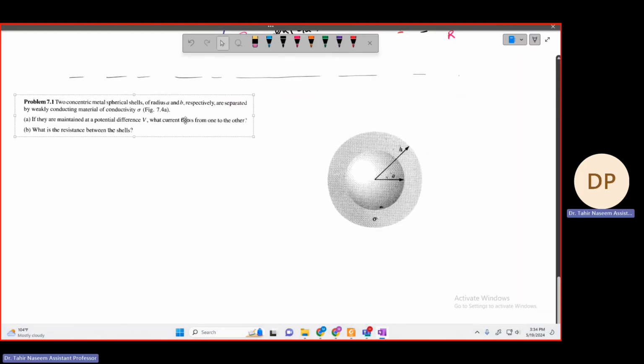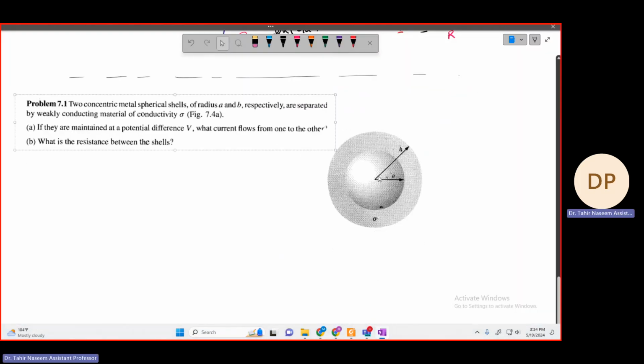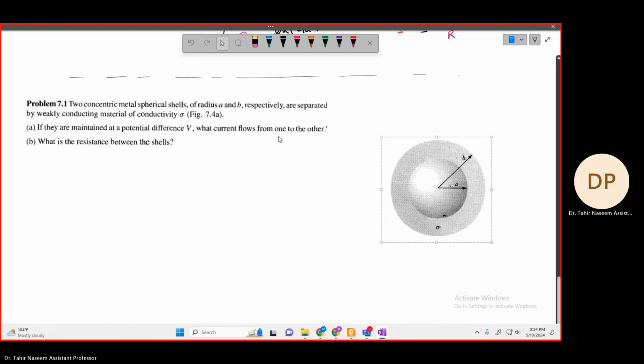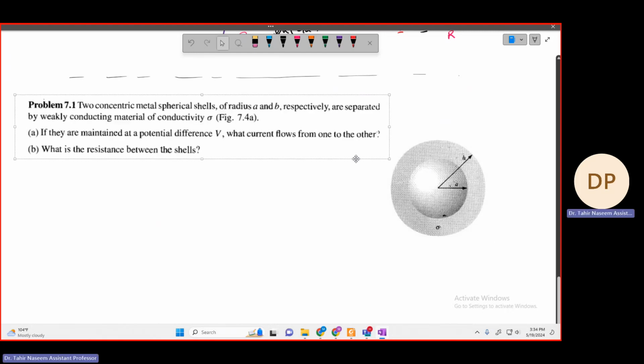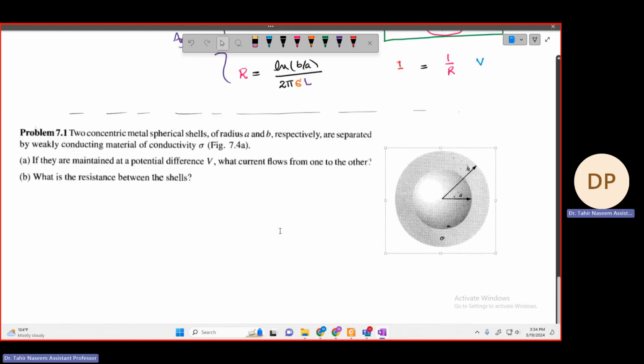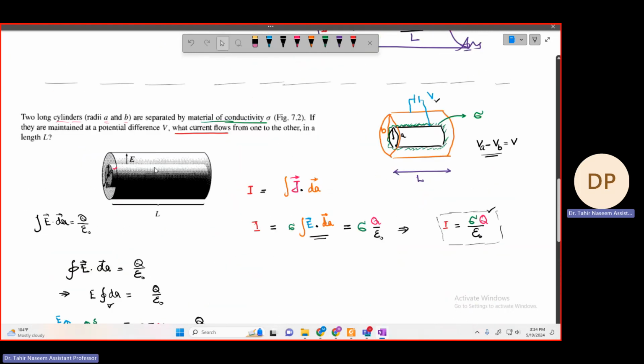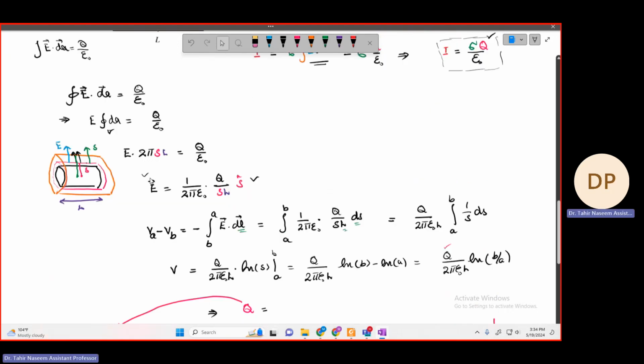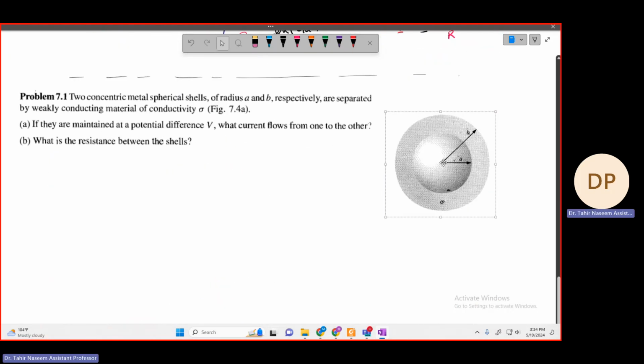Okay. So same question, only this time the geometry is different, right? Instead of cylinders, now we have spheres. So what is the question, pause the video, try to solve it yourself.